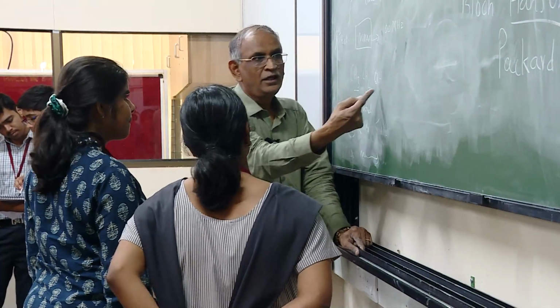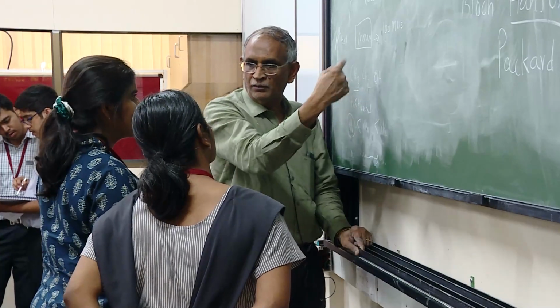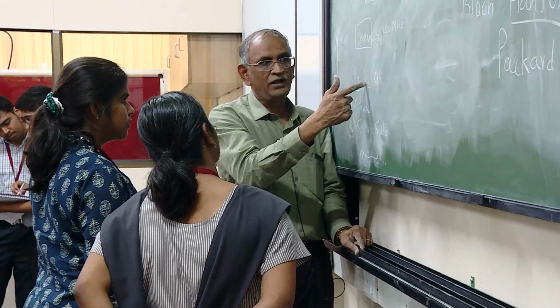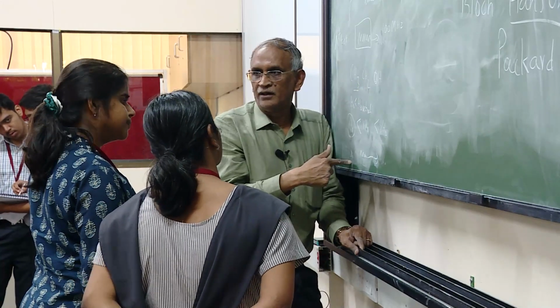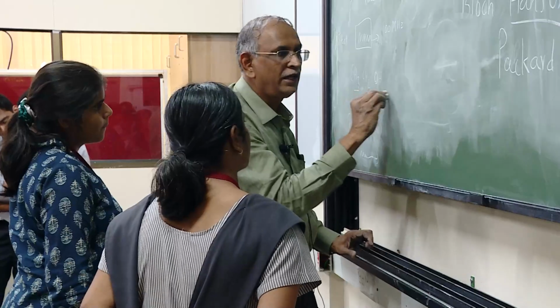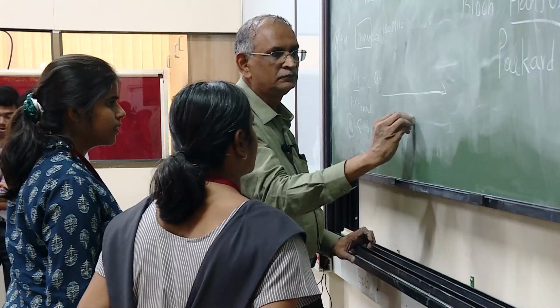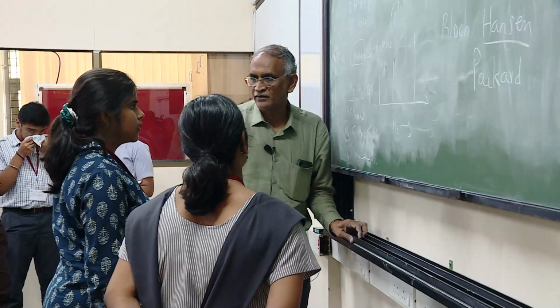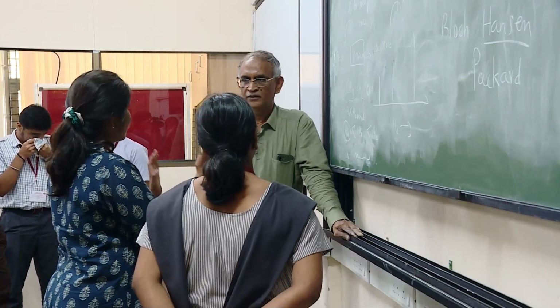Once that is fixed, the one which has the maximum magnetic field will absorb first. Then if you increase the magnetic field, this will also come close to that number, and this will come close to that number. Therefore, when you increase the magnetic field, OH comes first, CH2 comes later, CH3 comes later. That's what it is.